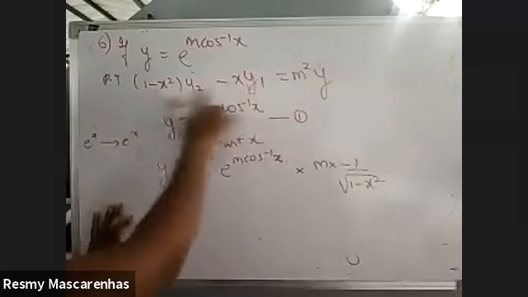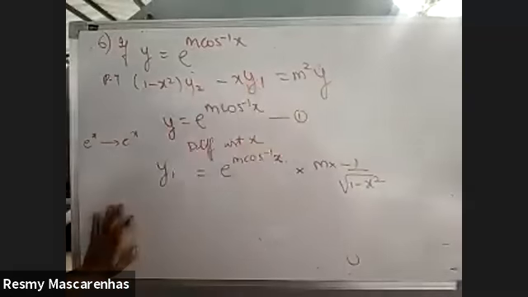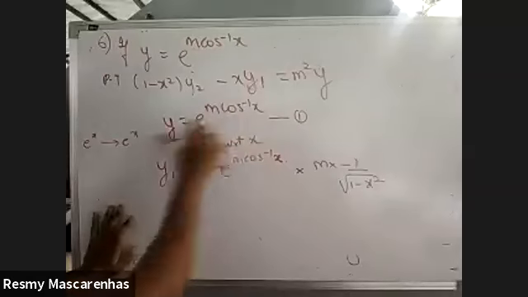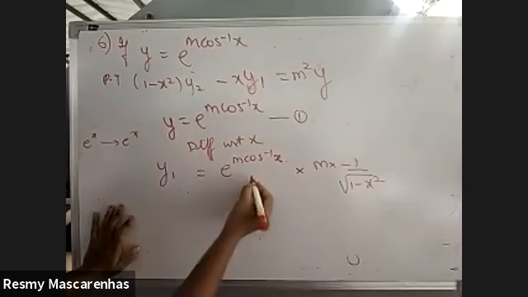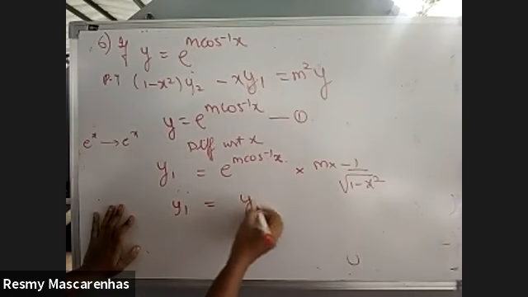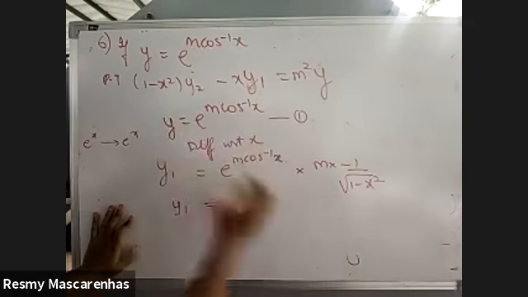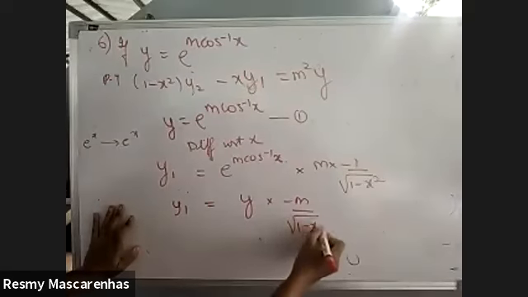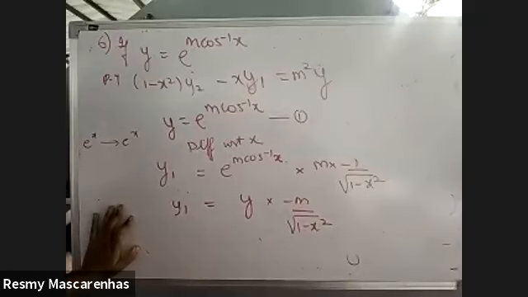Everything, if you notice, there is no e raised to anything left in the answer. So try to get rid of this. What is e raised to m cos inverse of x? Nothing but y. So instead of that, next step, I will straight away write y, from equation 1. So minus m upon, this is what you will get. And then you square because of this root sign.